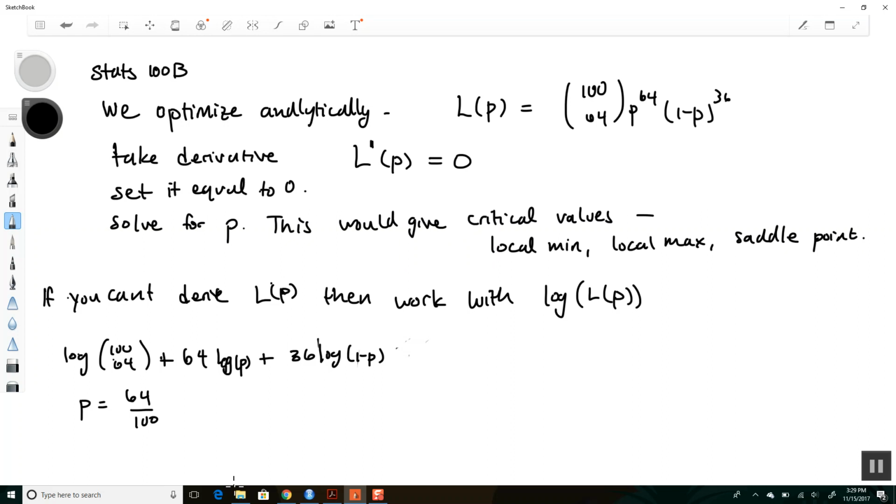Okay, so this gives us the log likelihood. You take the derivative, d/dp of the log likelihood, set it equal to 0. You solve for p. You get 64 over 100. Okay. What we can do is use our root finding methods.